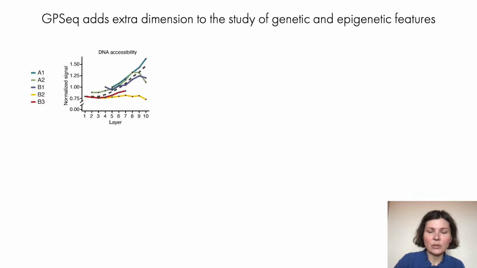And so what can we use GP-seq score for, or maps of radiality? We were very keen on adding this radial dimension to the study of various genetic and epigenetic features of chromatin. So we combined GP-seq score with various omics data. For instance, we used ATAC-seq data to study radial distribution of DNA accessibility in the human nucleus.